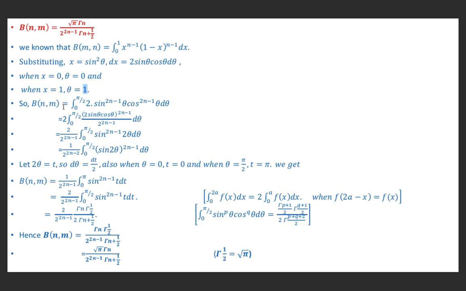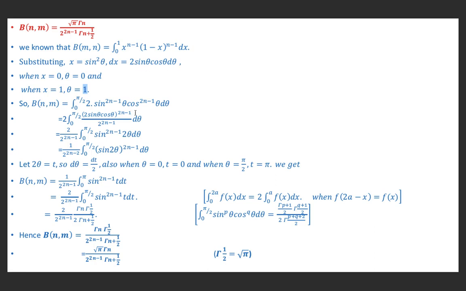So beta n, n is equal to the integral from 0 to pi by 2, and here the value is x raised to power n minus 1. X is sine square theta, so sine raised to power 2n minus 2 theta, and 1 minus x: 1 minus sine square theta is cos square theta. So it will be cos 2n minus 2 theta, but dx is 2 sine theta cos theta.